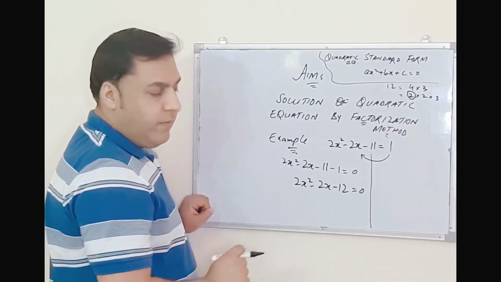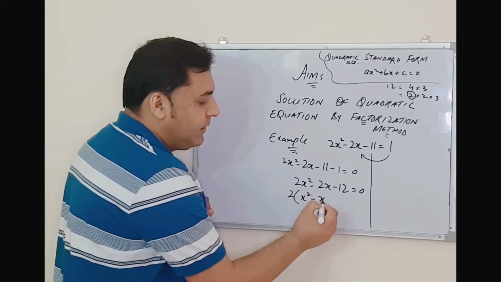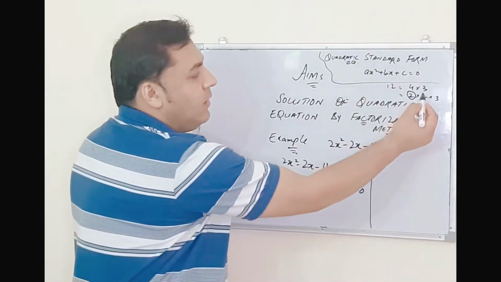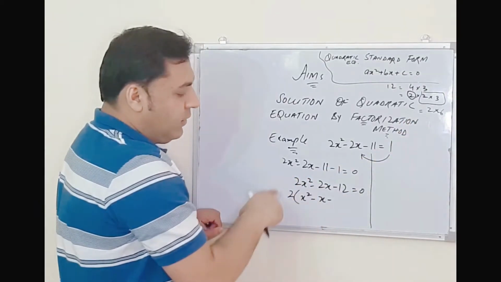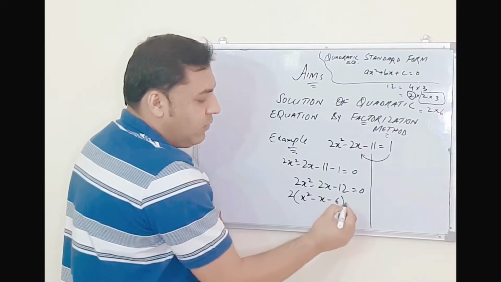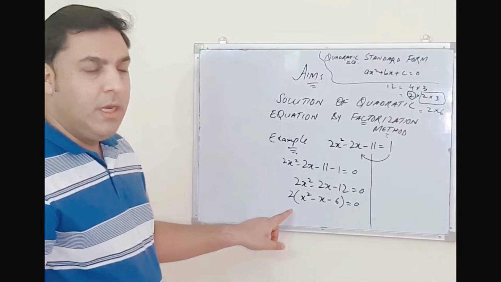I can solve it in this form, but it will take more steps, so it is better to simplify your equation before solving it. I will take 2 common, it will be x square minus x minus, now you see 2 into 6 is 12. If I take 2 out, I am left with 6 equal to 0. Now 2 is here, it is being multiplied.